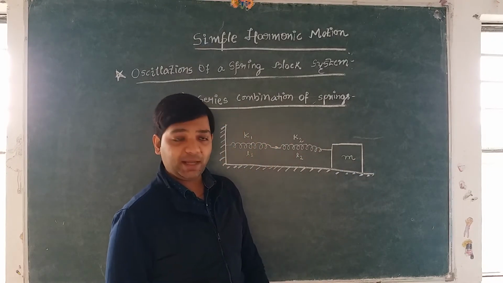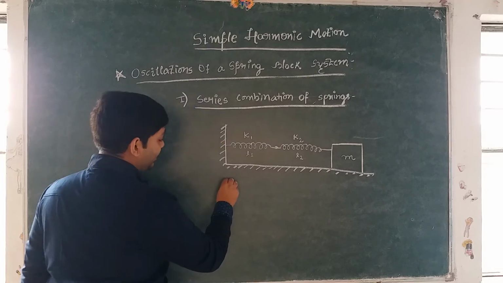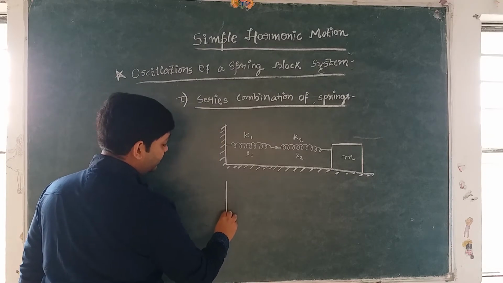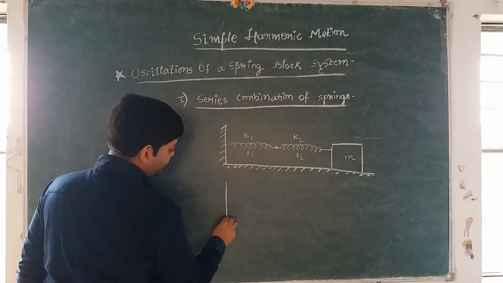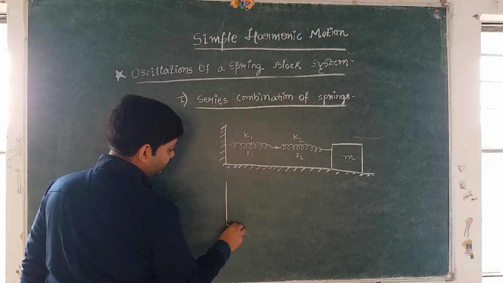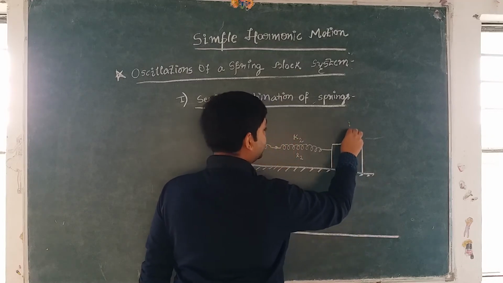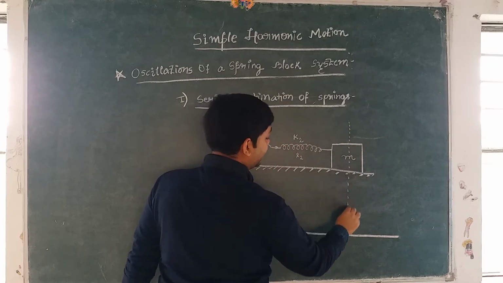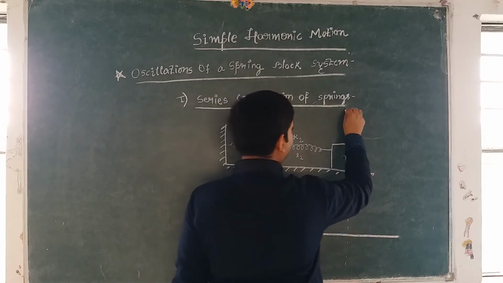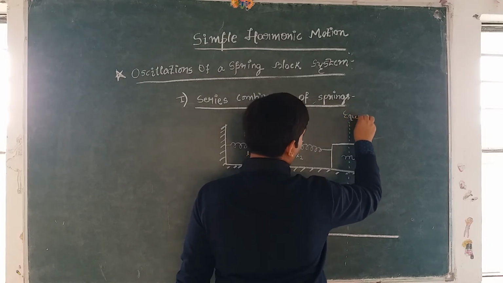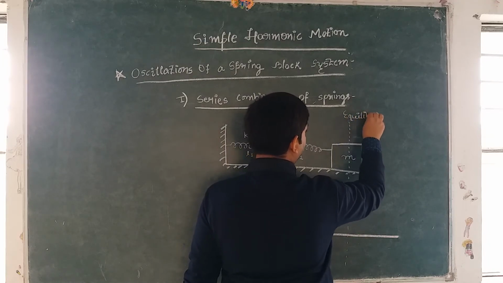So now what we do, we hold this block and we take it forward by a small displacement x, right? So let us draw that position. This is the second position. This is the equilibrium position of the block. Let me write here equilibrium position.